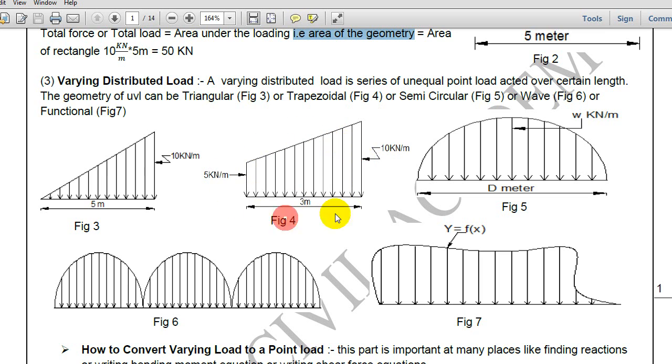And this total force will act at the center of gravity. Similarly, for the semicircle, the total load will be the area under this, and it will act at the center of gravity.